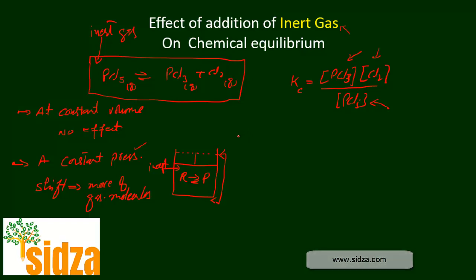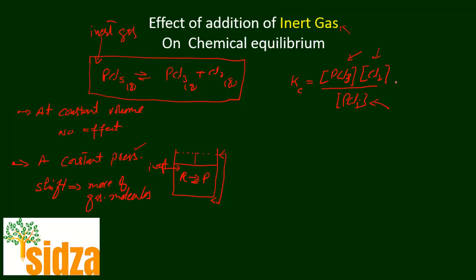Now when those molar concentrations decrease, you can see in this example we have more concentration terms in the numerator and only one concentration term in the denominator.